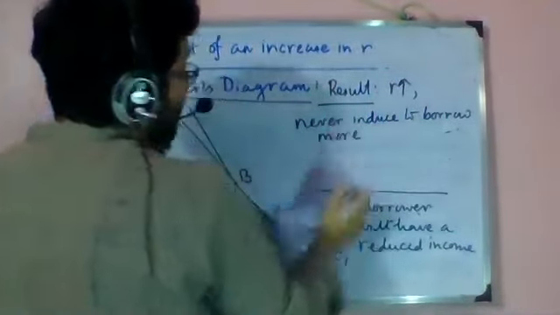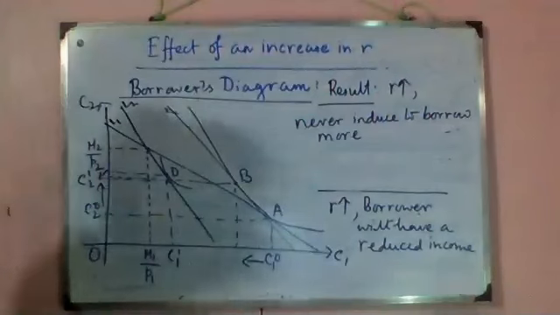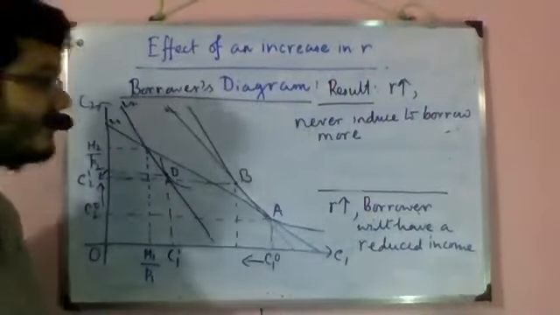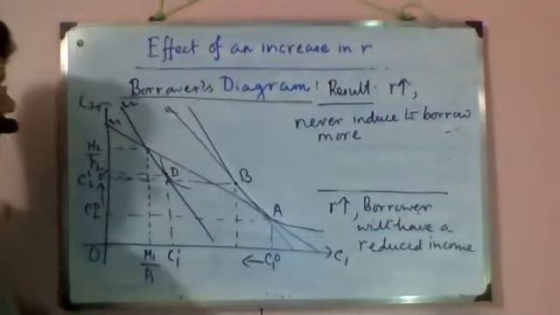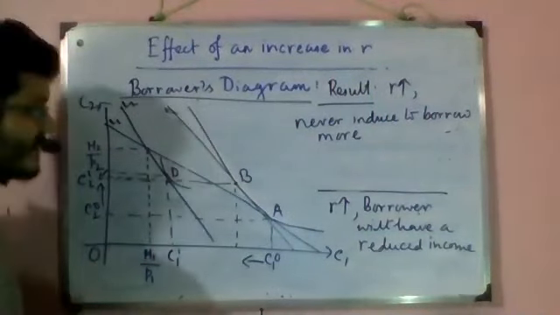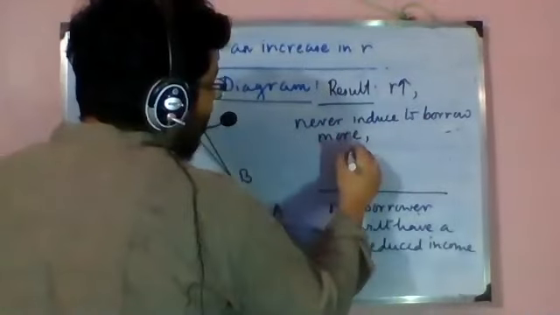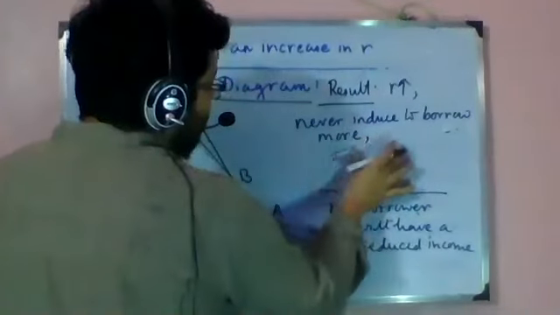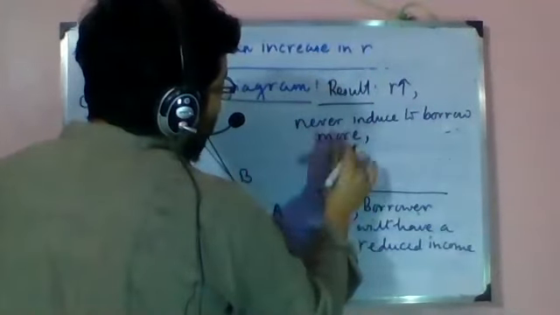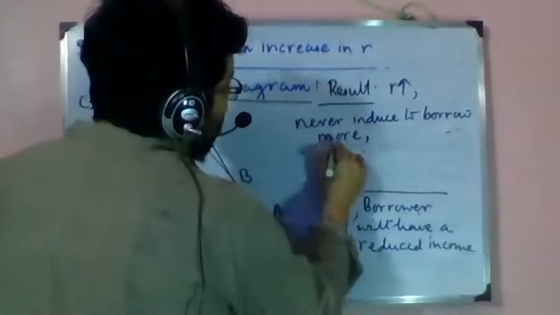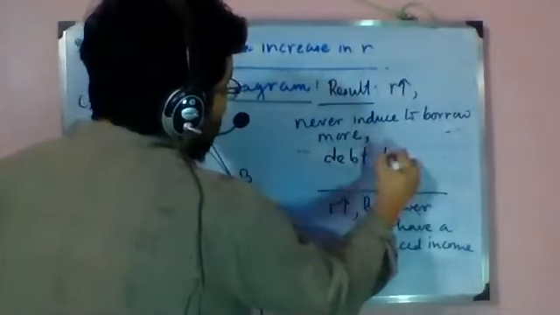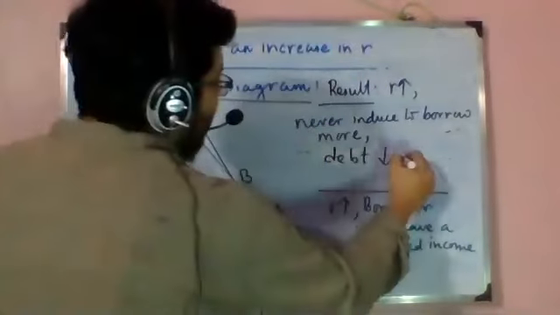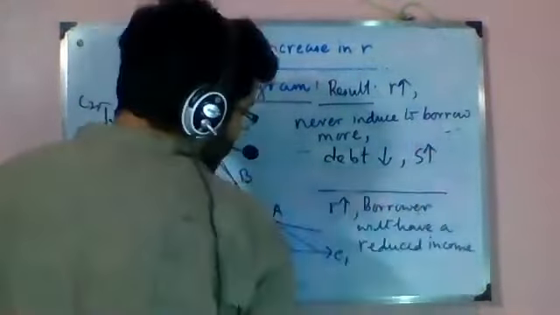So on this we agree that the borrowing is not going to increase. But now the question is that when the borrower is reducing the bundle, obviously the amount of dissaving, the amount of debt, is decreasing, right? So in a way, savings is increasing.